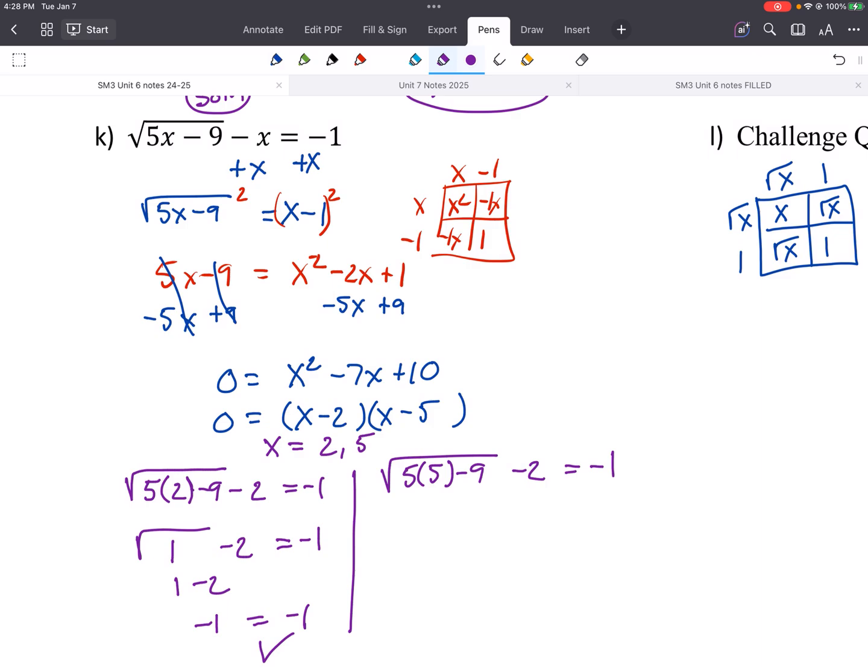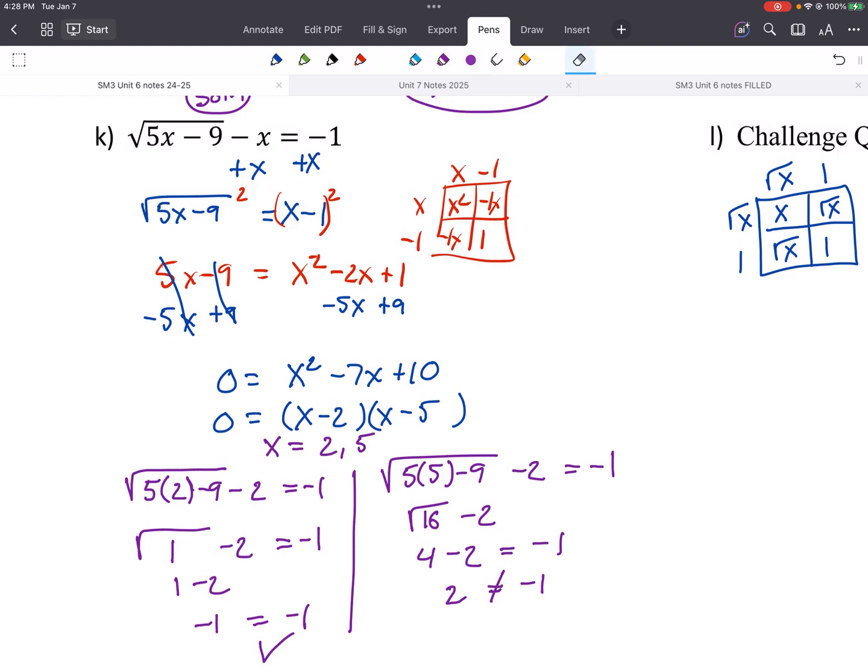So this will be 25 minus 9, which is 16, and 4 minus 2, and that's 2 equals negative 1. And that is not a valid solution, an extraneous solution. Unless I made a mistake. I did make a mistake.